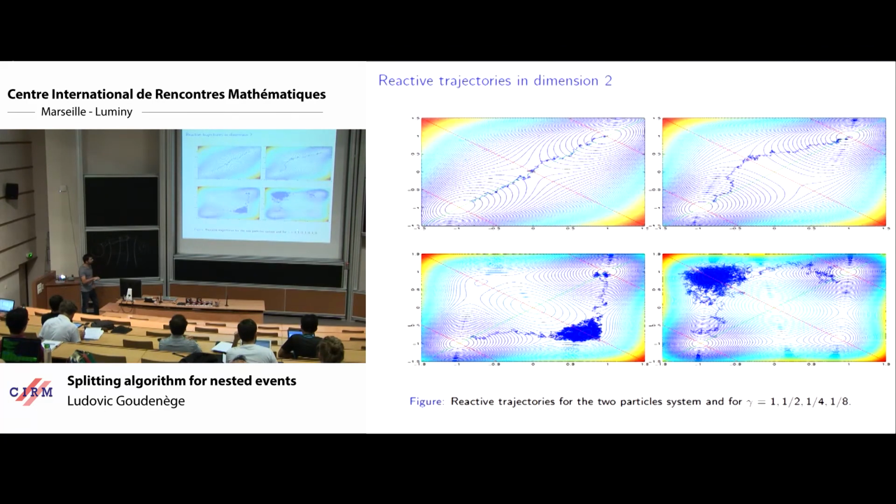And when gamma is equal to 1/2, there is maybe a maximum here, and there is a new road, a new possibility to go from A to B. You can see that the particles choose this road. This is very close to the deterministic road.